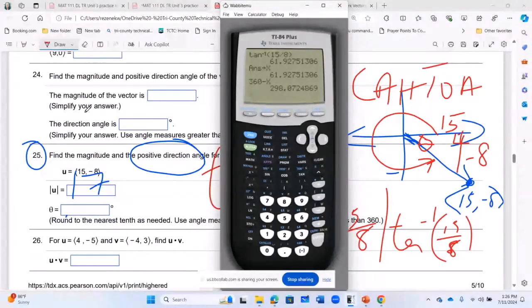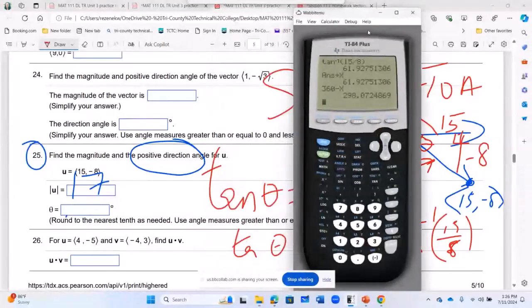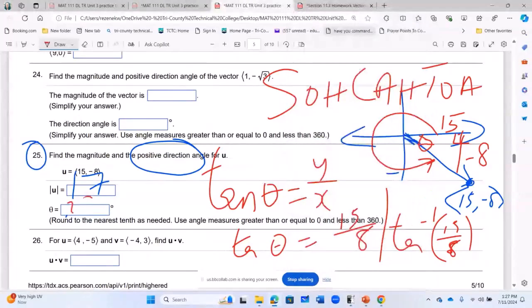I'm told to find the positive direction, so it's the angle in the counterclockwise direction, and to leave the answer to the nearest tenth, one decimal place. So 298.1 degrees.